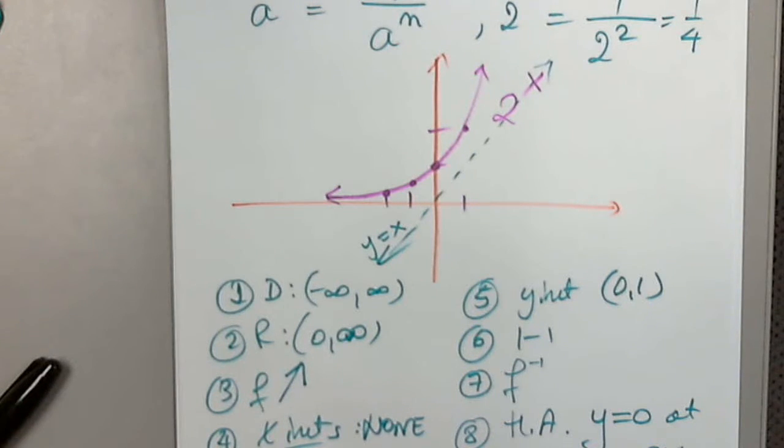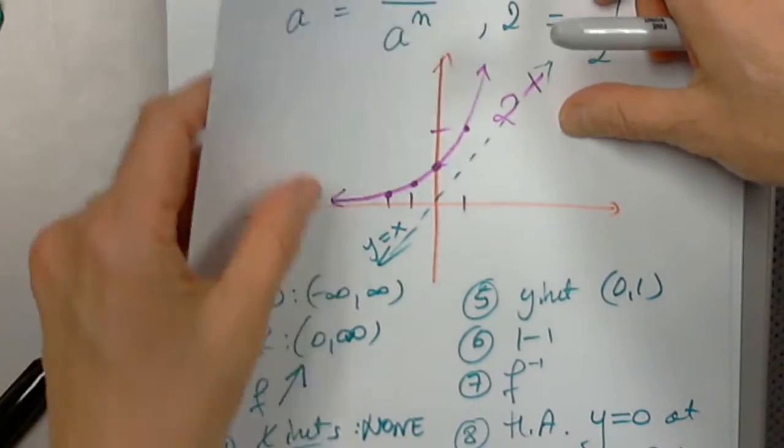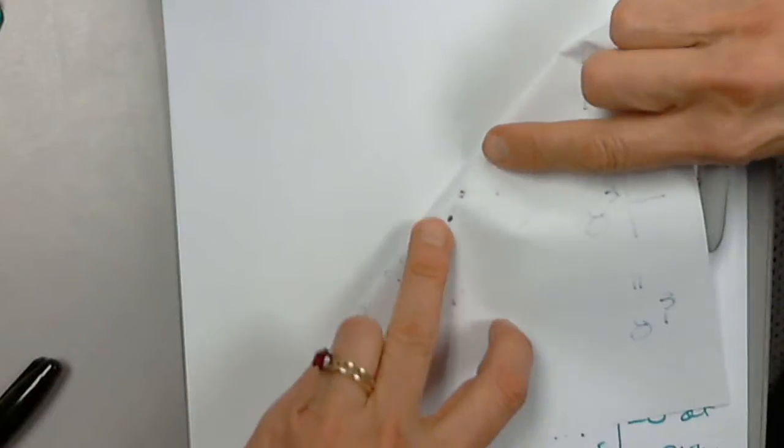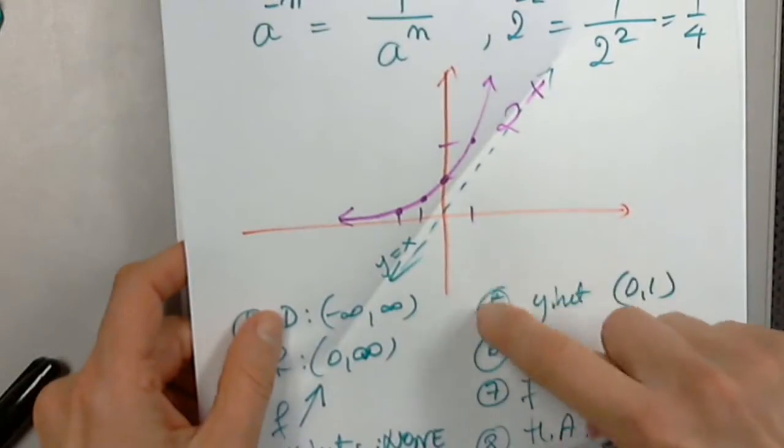No, this is not the inverse. We know from chapter 2 that the function and the graph of the inverse will be symmetric with respect to y equals x. So when I graph both, I will also graph y equals x. If I graph the function and its inverse on the same coordinate system, I have to graph y equals x as well to show that if I fold that graph, then I have the same.